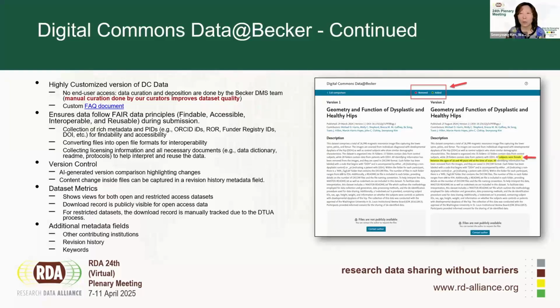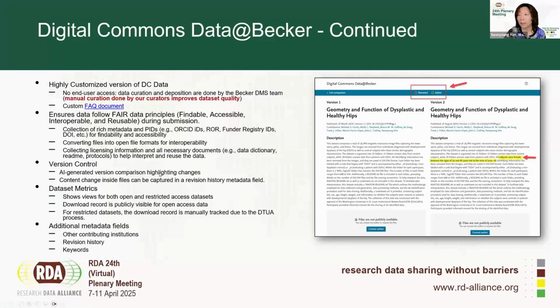So we actually close the access to individual users. We control it. It's manual curation done by our curators, the Becker DMS team. It does improve data set quality. It's more consistent. And we put together a FAQ document customized for our platform.